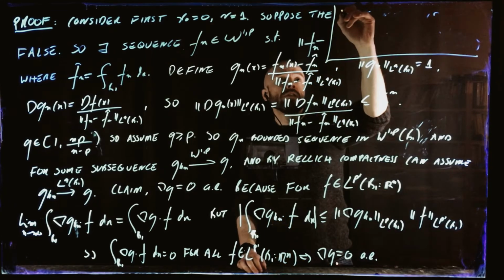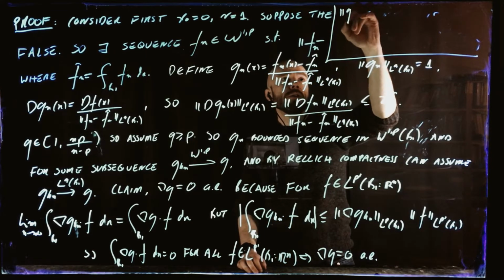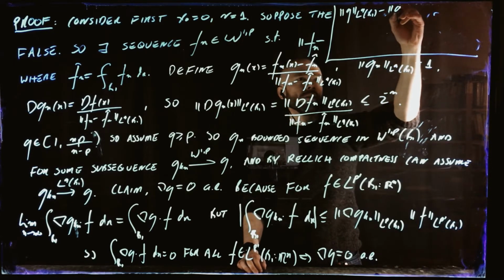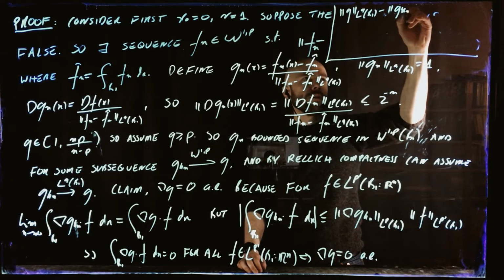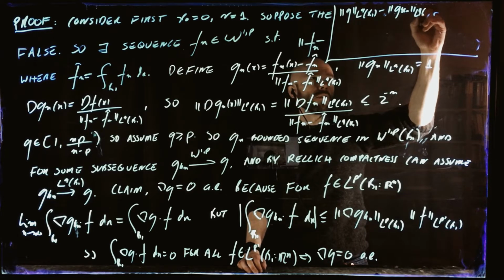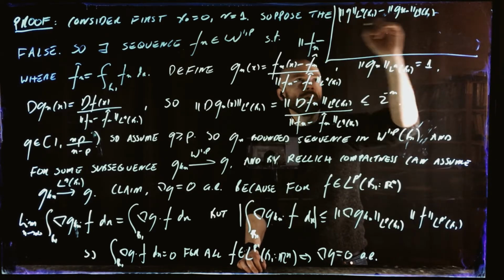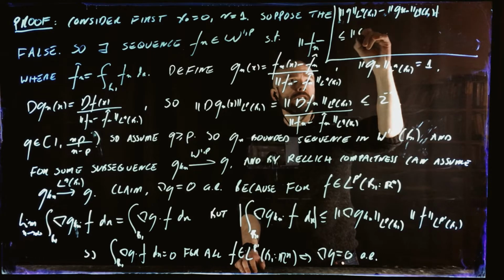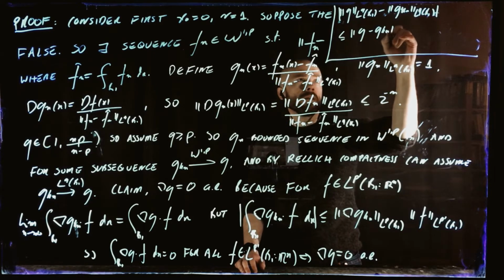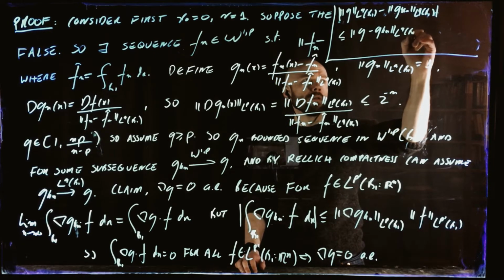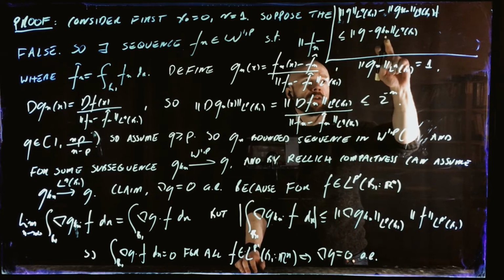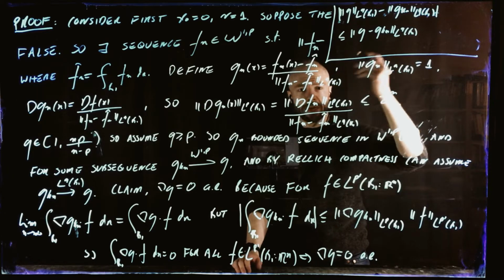So let's do this inequality. If we take the L^q norm of g on the ball minus the L^q norm of the sequence, then this, by the triangle inequality, is less than the L^q norm on the ball of g minus g_kn. And that thing is going down to 0, because that's what we have from relative compactness theorems.